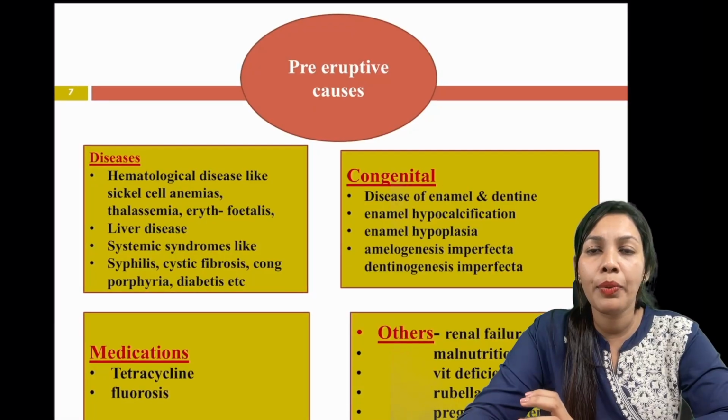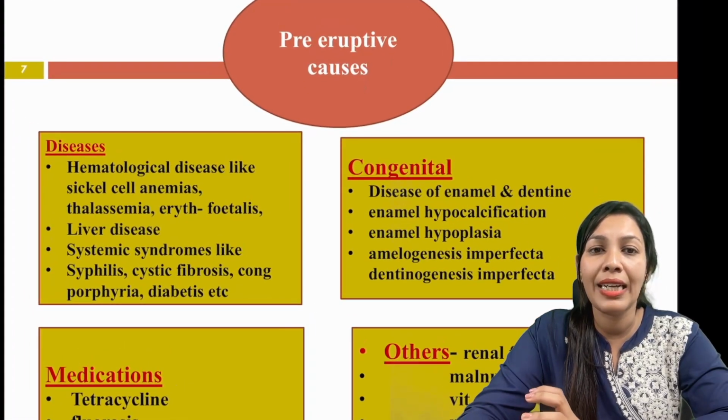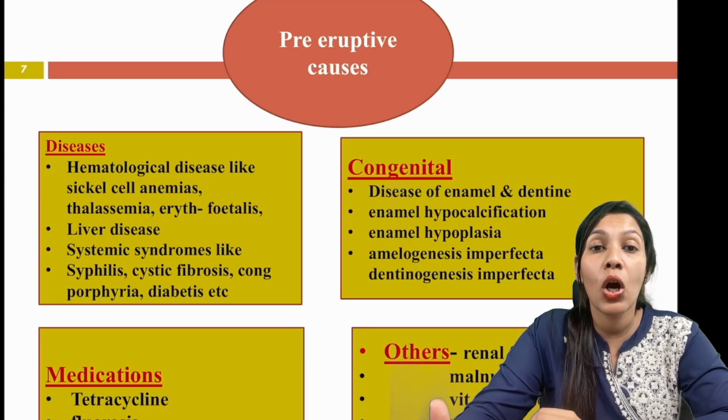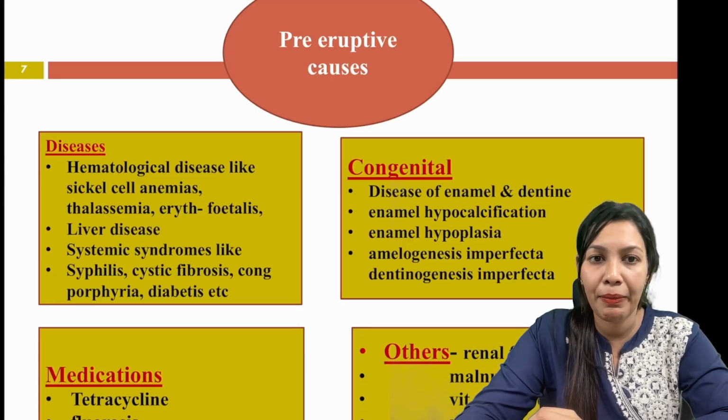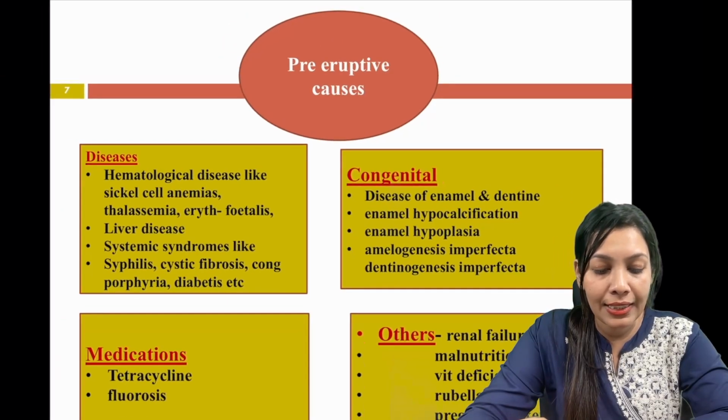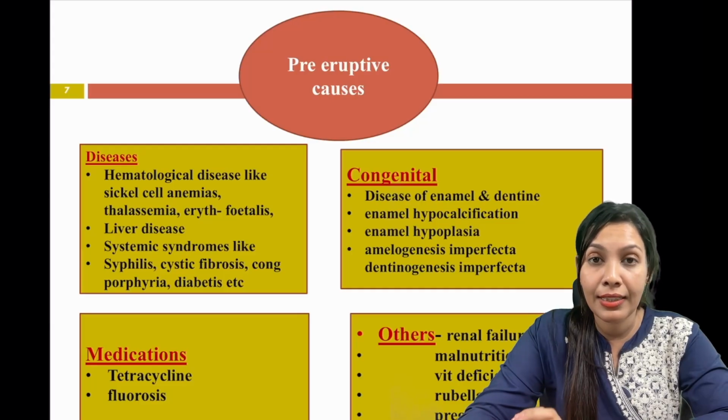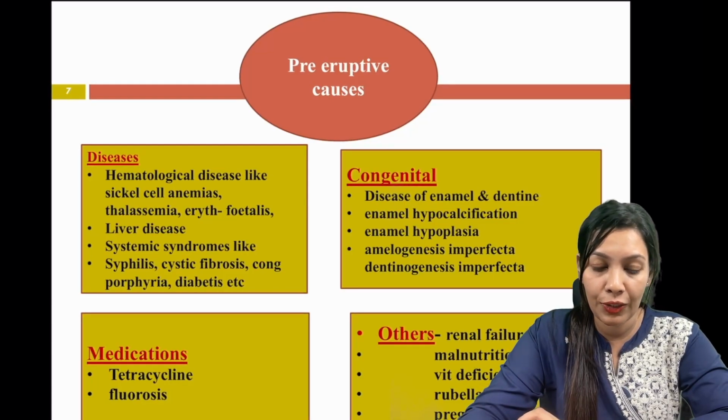Talking about the pre-eruptive causes, first of all, there are various diseases, like hematological diseases such as sickle cell anemia, liver diseases, syphilis, porphyria, and diabetes, which commonly cause discoloration.